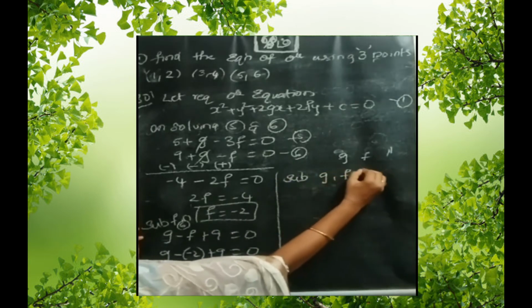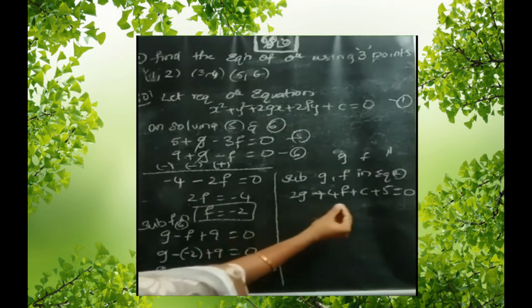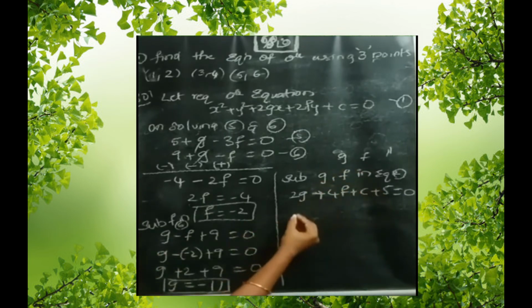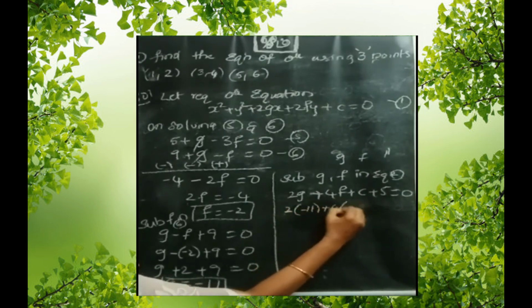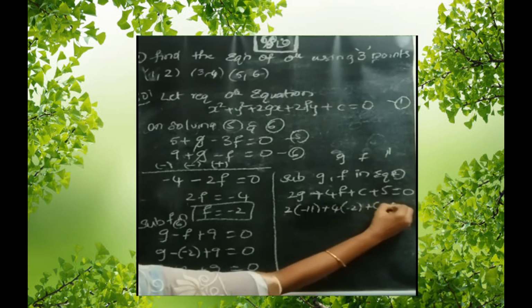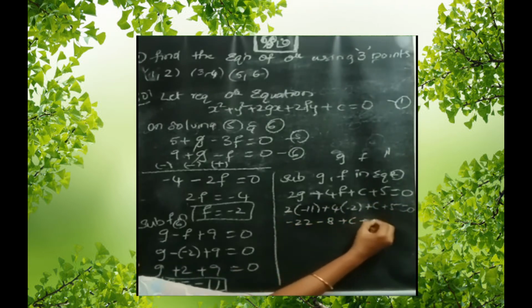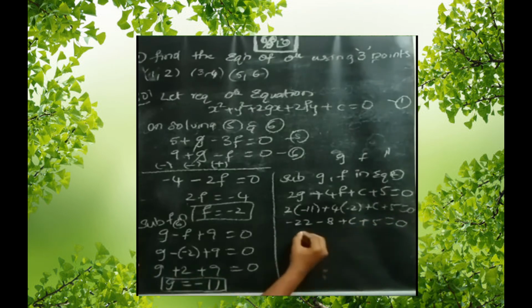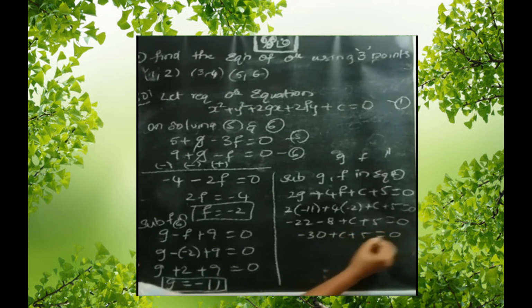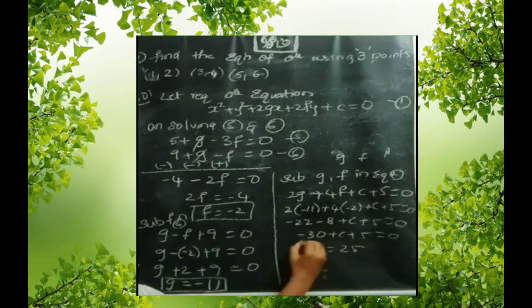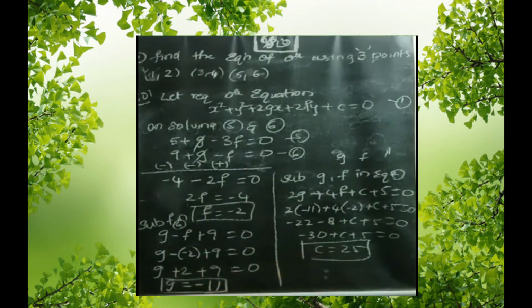Now I am substituting g and f in equation 2. Substitute 2 into minus 11 plus 4 into minus 2 plus c plus 5 equals 0. Minus 22 minus 8 plus c plus 5 equals 0. So minus 30 plus c plus 5 equals 0. Minus 25, if that goes that side, means c is 25.